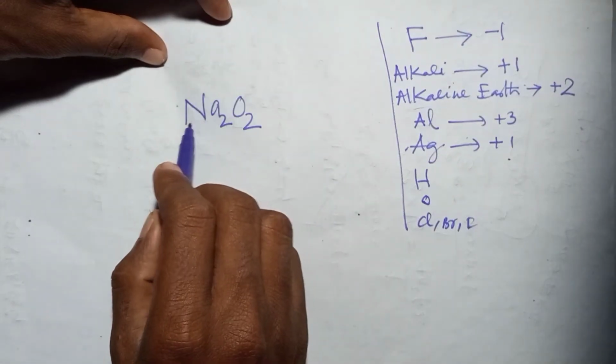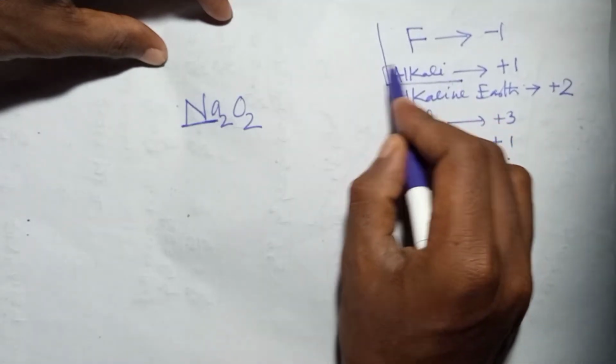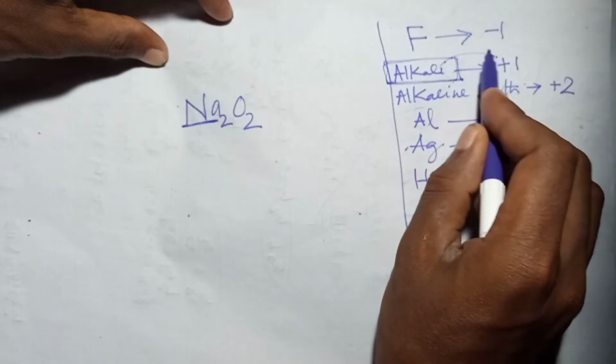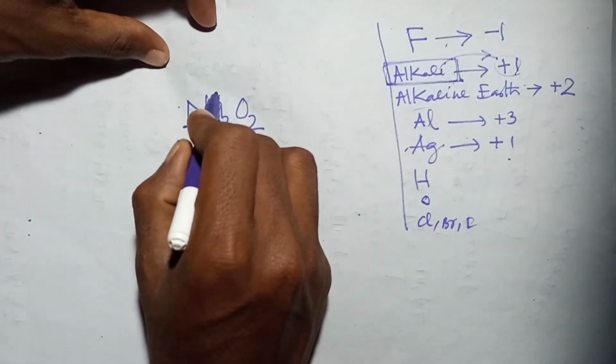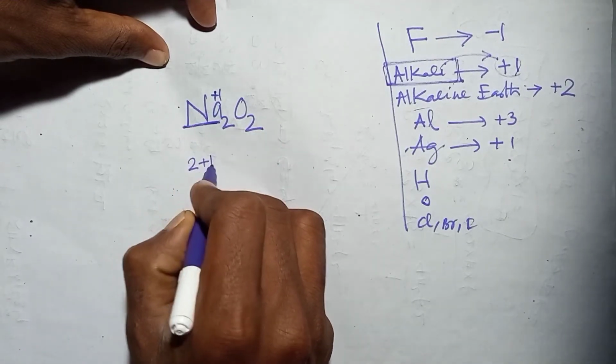Here the compound contains sodium, and sodium is nothing but an alkali metal. Whenever I see an alkali metal, then immediately I assign the oxidation state +1. So I assign sodium +1.